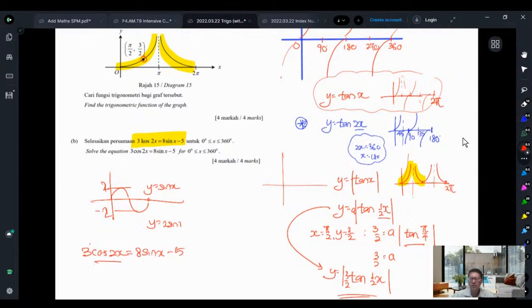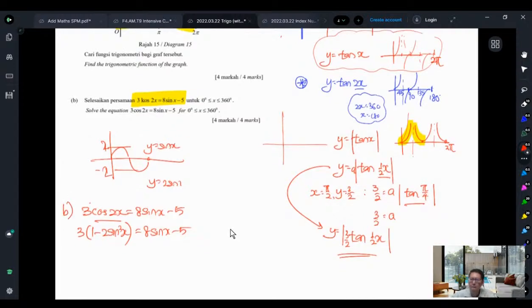Okay, cos 2x, you know that we have 3 different formulas. Cos squared minus sine squared, one formula, which I won't use. 2 cos squared minus 1 or 1 minus 2 sine squared. So I will use the 1 minus 2 sine squared x formula. Why? Because you have the sine x over here.